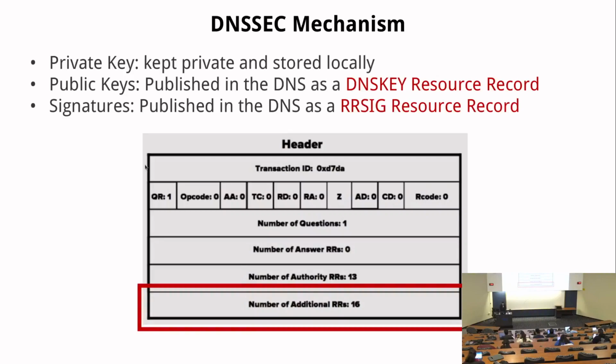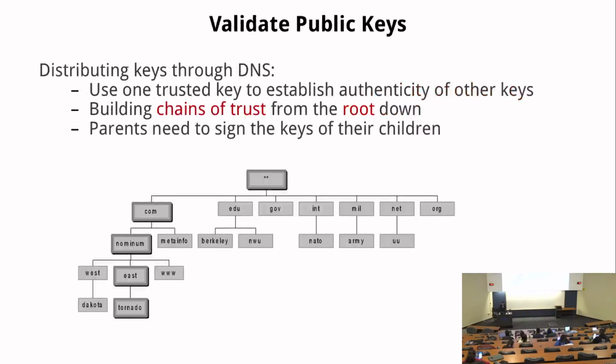So in this solution, the private keys obviously will be kept private, stored locally, and the public keys can be directly published in the DNS message as the DNSKEY resource record. Previously, there were additional record fields, right? So we just put the keys there. Then the signatures will also be put in the additional resource records. So this actually has been very convenient. It can be backward compatible.